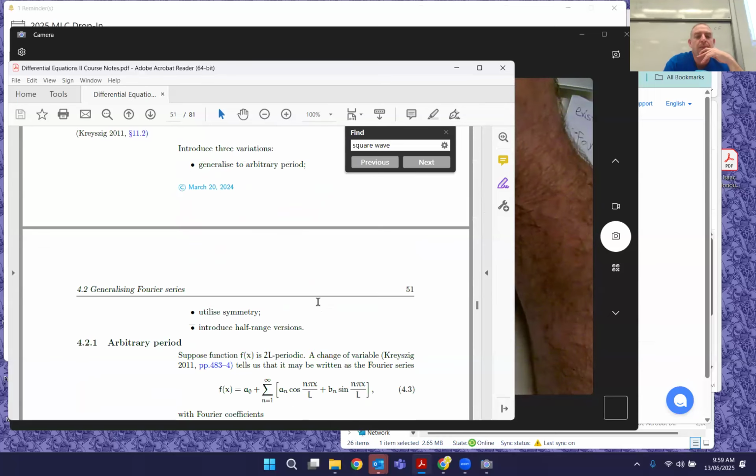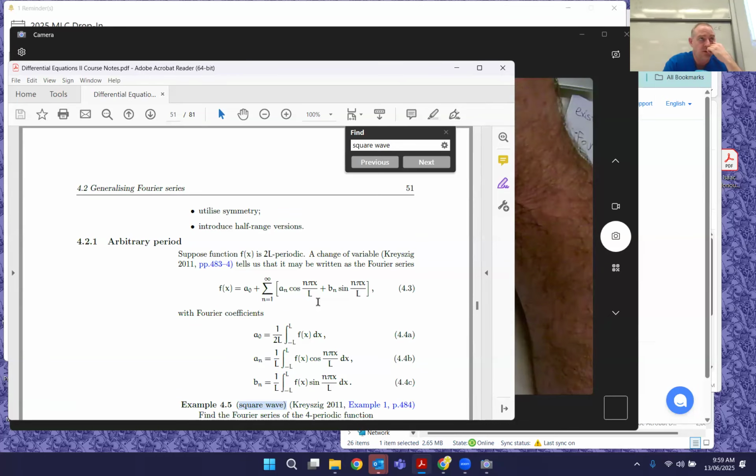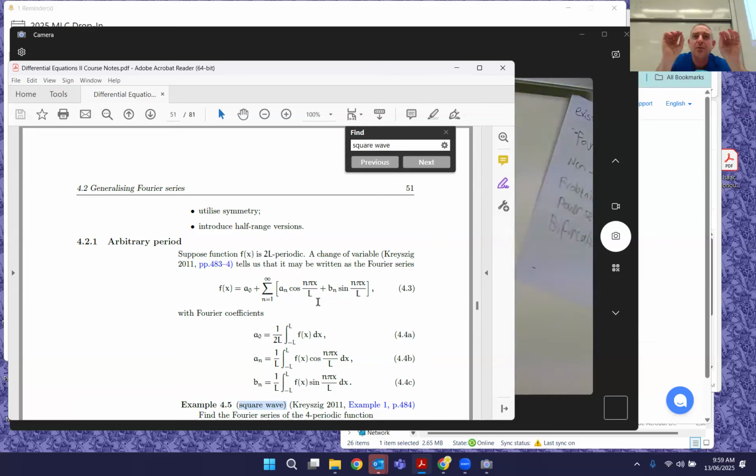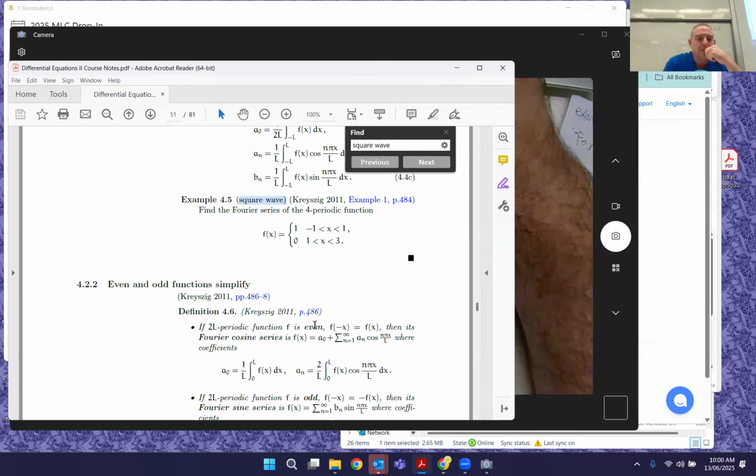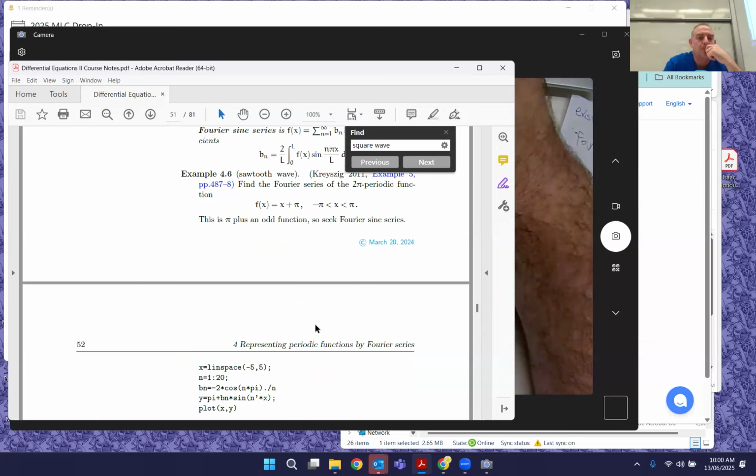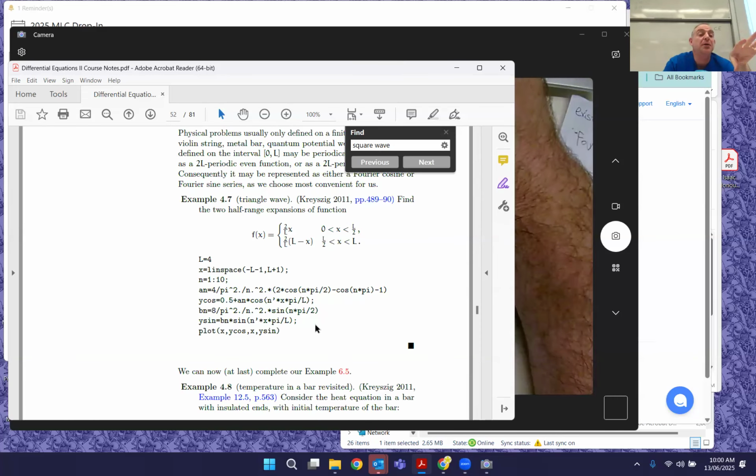They did turn up when did you guys do PDEs with separation of variables? And they turn up then, right? Okay. I'm just going to give us a quick scroll.